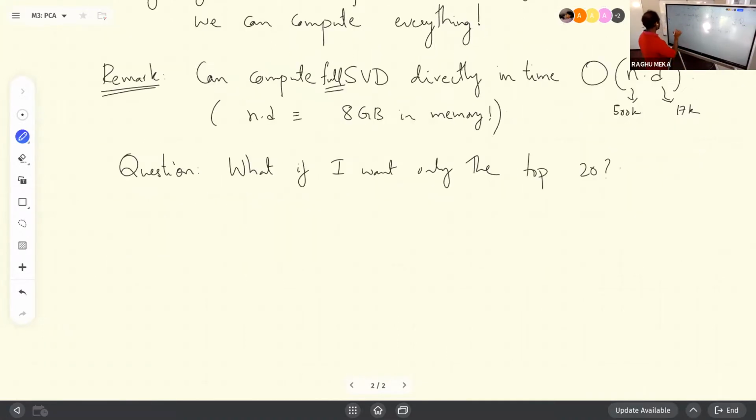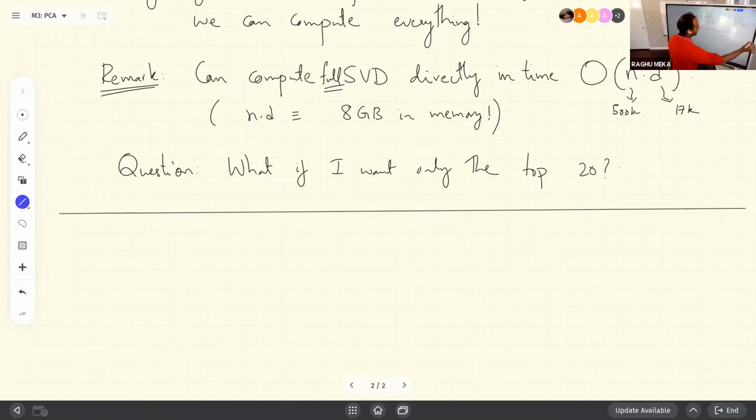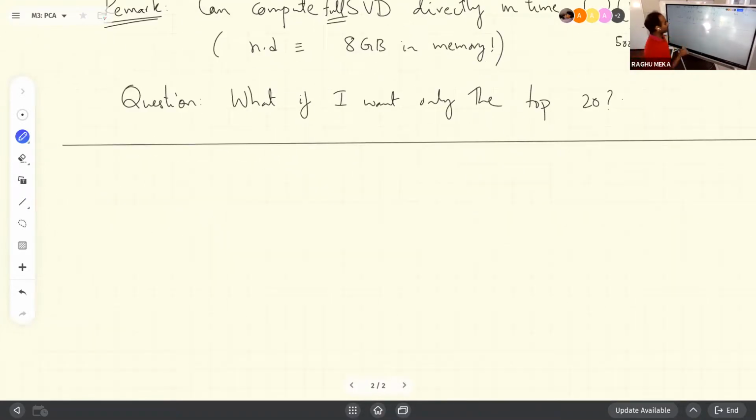So starting today and in the next lecture, we're going to talk about another very important algorithm called the power iteration.